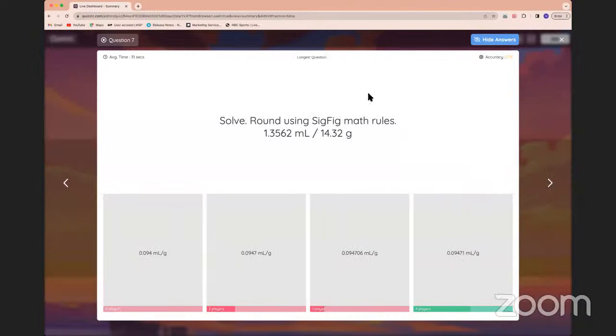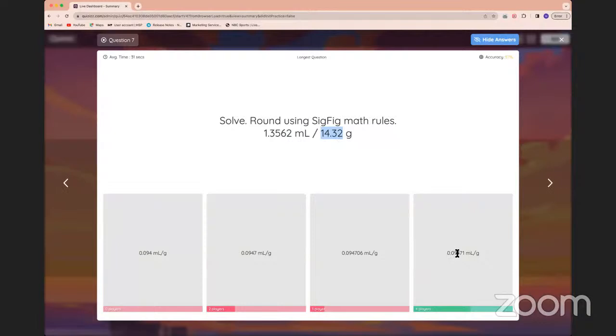Now, when you divide 2 measurements, the same rule as for multiplication applies. The answer cannot be more accurate than the least accurate measurement. So the first measurement has 1, 2, 3, 4, 5 significant figures. And this one has 4 significant figures. So 5 significant figures divided by 4 significant figures, the answer must have 4 significant figures maximum.